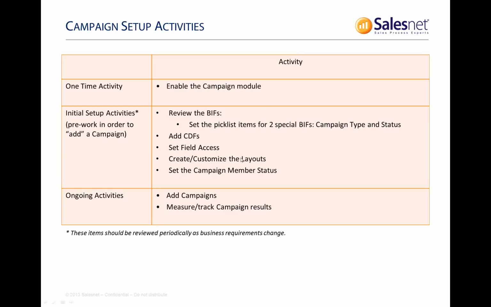Then we want to be able to set up our built-in fields. These are our special fields, type and status, so we need to configure those. Our CDFs, we need to set access, and then for a given campaign, we want to make sure we've got the right member statuses. If it was an invitation, maybe they've not responded yet, they're interested, not interested, RSVP'd.